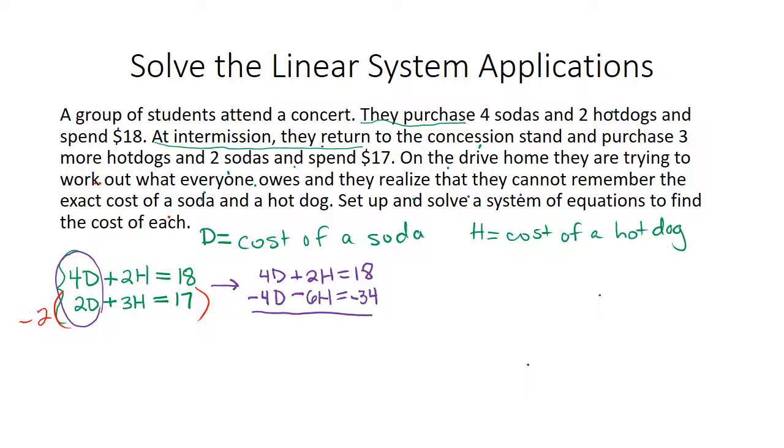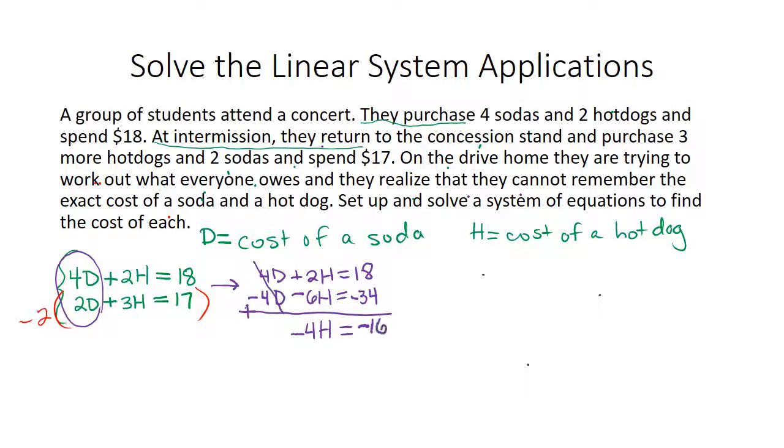All right, so if we go ahead and take the system and add it straight down, we get to cancel or eliminate the D's, and we will have -4H equals -34 plus 18, that would be -16.